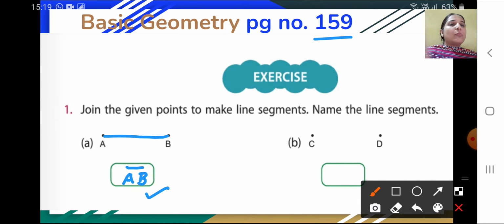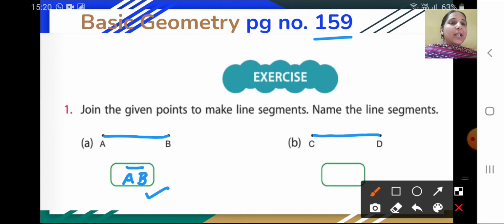Now let's move to question number B. Here you can see 2 points, that is point C and point D. Now again, as we have done in question number A, you will place your ruler where it will be joining point C to point D. And then with the help of pencil and ruler, you will join point C to point D. So here we have got the line segment CD.